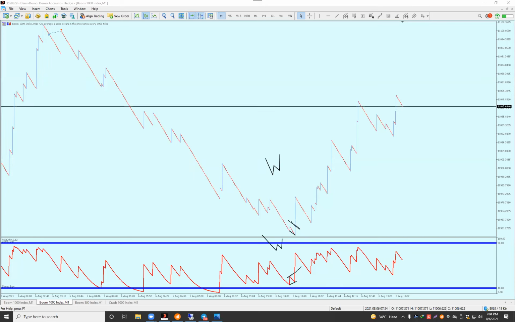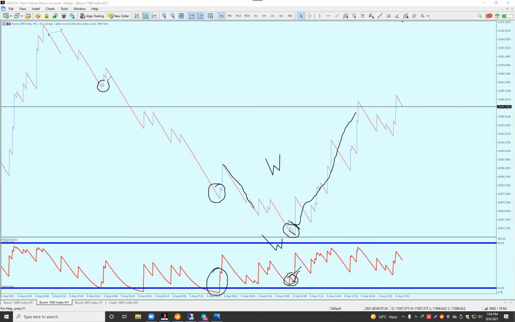But you can see, brother, in this condition we are getting the W here, right? In this condition, we are not getting it, right? Right. This is not a W. You can see the price fails and again moves down. Where you find this type of W, it is a reversal.